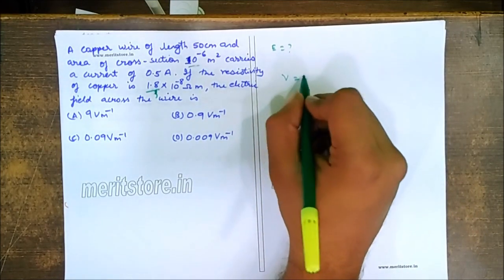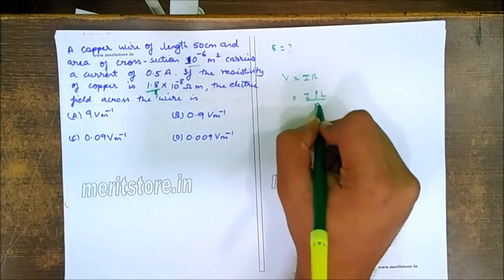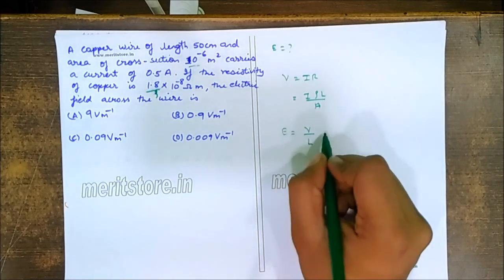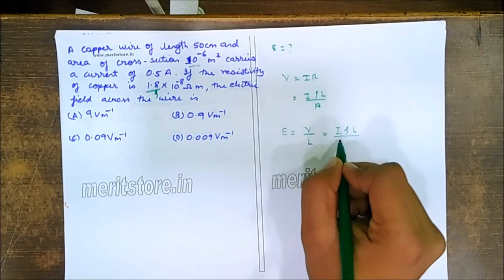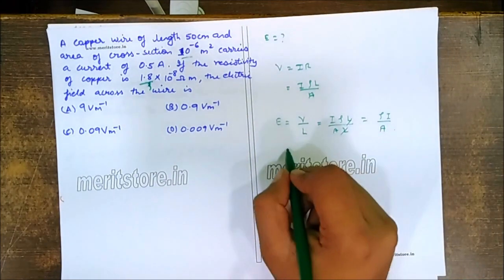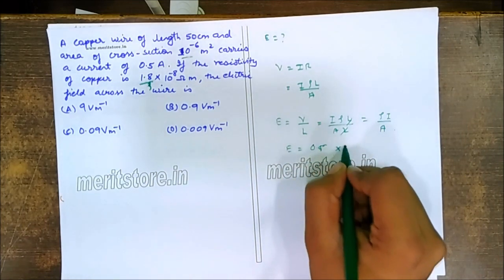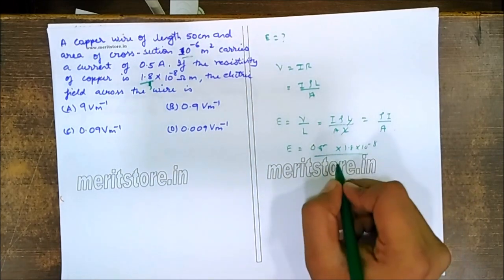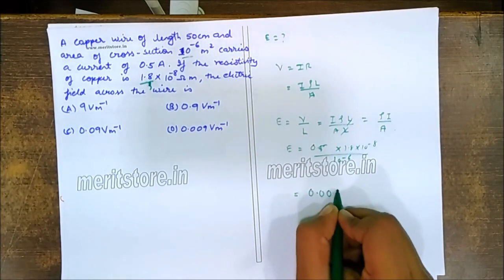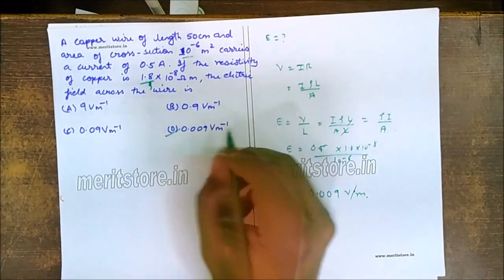We can say voltage V is equal to IR, and we can substitute R as rho L upon A. Now electric field is given as voltage upon length, that is equal to I rho L upon A L. L and L get cancelled, we get rho I by A. Now current is 0.5, rho is 1.8 into 10 raised to minus 8, and the area has been given as 10 raised to minus 6. So on simplification this will become 0.009 volt per meter, that is volt meter inverse. Option D.